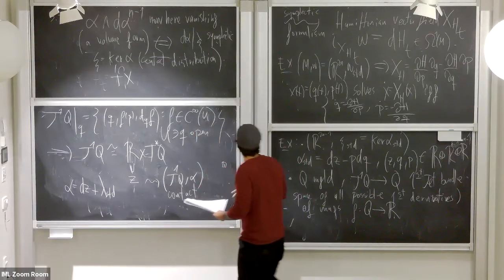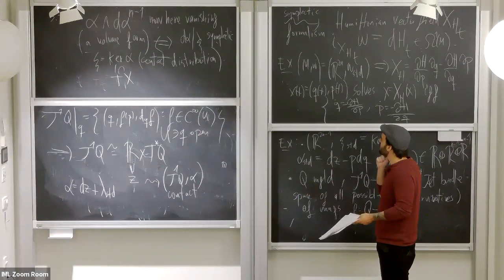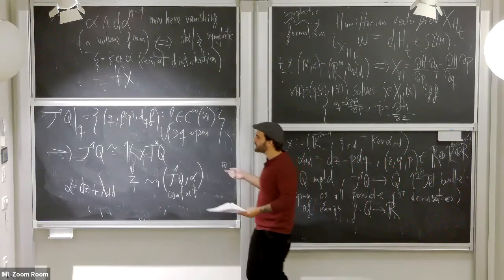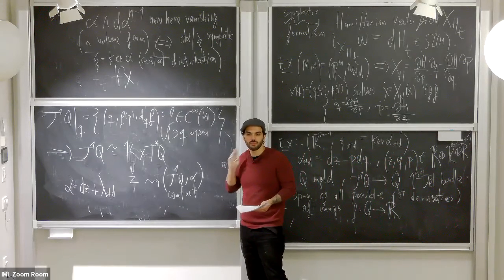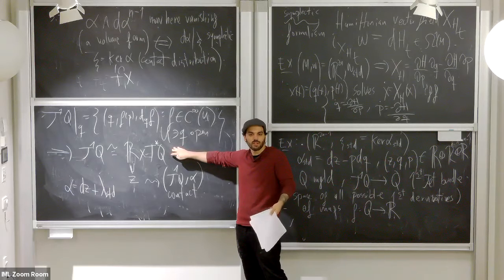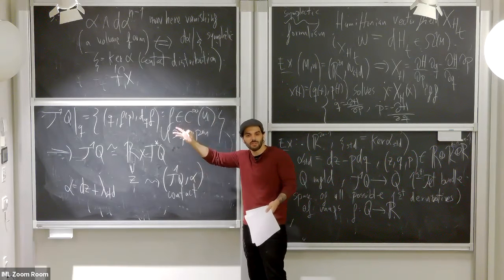So let me pause and say a few words about where the contact condition arises historically. It originally comes from the work of Sophus Lie, where he was working on differential equations. You need to think, the first jet space is the natural space that you will want to look at if you're looking at a differential equation of order 1, so you're looking at maps up to first derivative.